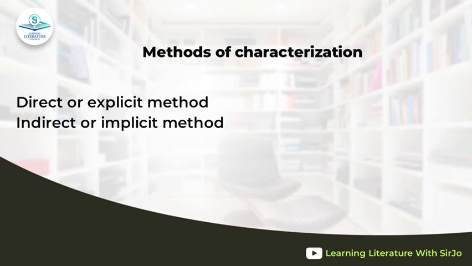The direct method is also known as the telling method. It is the responsibility of the writer to reveal to us who his character is. And with the indirect method, the writer gives us the idea about the behavior and the nature of the characters in two different ways, by speech and by action.